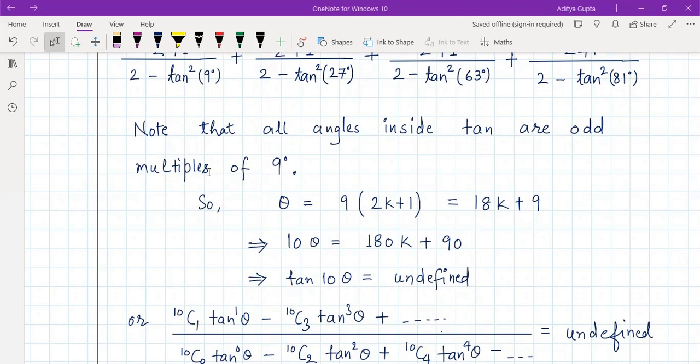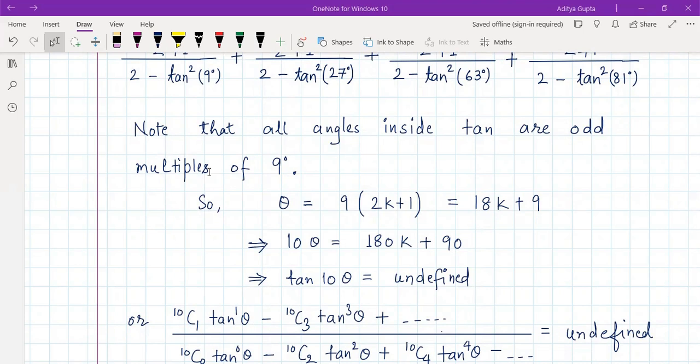The reason is that it will generate 180 degree, right? Right now it's just 18 degree into k plus 9. Why do we want to generate 180? Because we know 180 degrees is the period of the function tan. So that's why we have multiplied both sides by 10 to get 10 theta equal to 180 degree into k plus 90 degree, right?